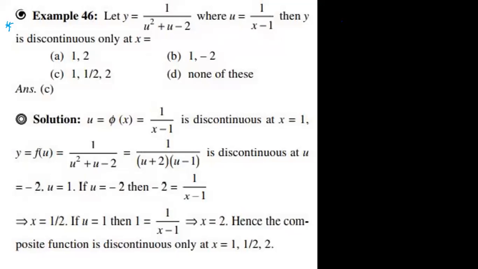Dear students, before solving, please tell me anyone: 1 by log mod x is discontinuous at x equal to what? Hurry up.